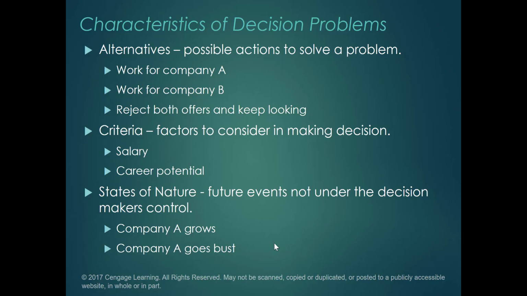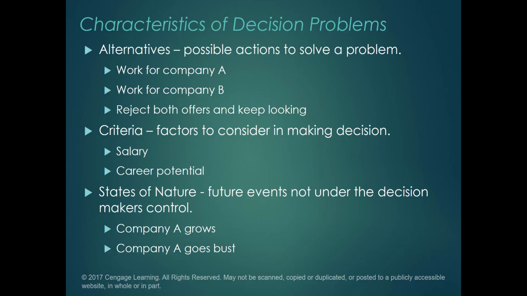Now, when we talk about decision problems, we are dealing with several elements that we need to know: alternatives, criteria, and states of nature. The alternatives are the possible actions that we can take to solve the problem. For example, in the previous example, working for Company A or working for Company B are two possible options, and we also have a third option: rejecting both offers and continuing to look for a new job.